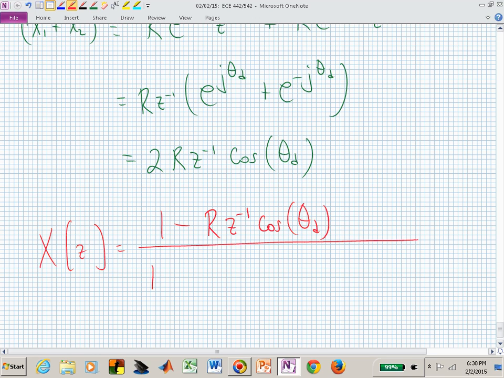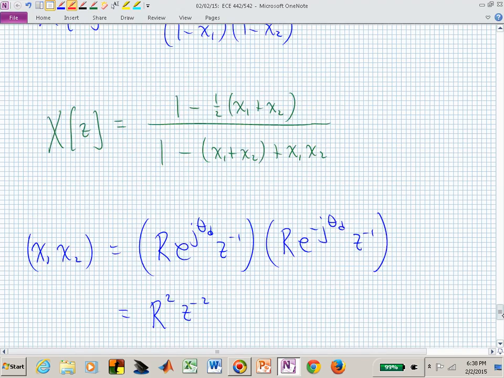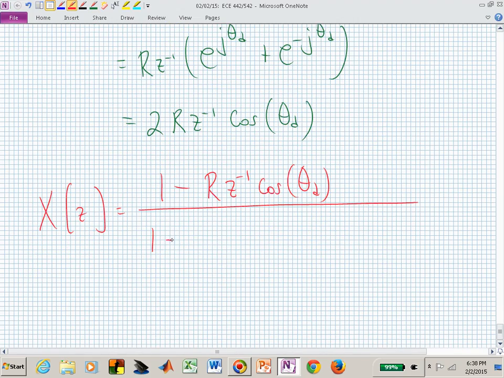Then we had 1 minus x1 plus x2, and that was just 2r z to the minus 1 cosine theta sub d, plus x1, x2, which was r squared z to the minus 2.